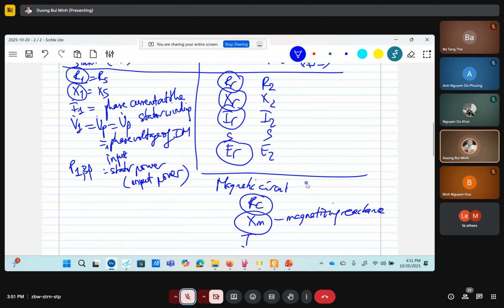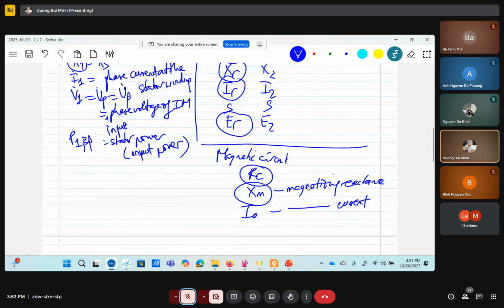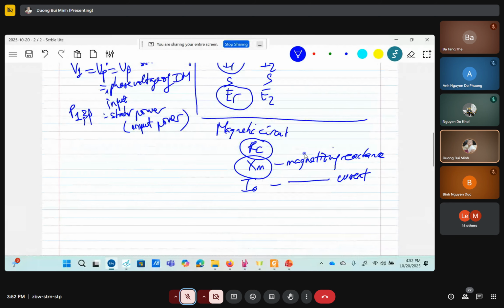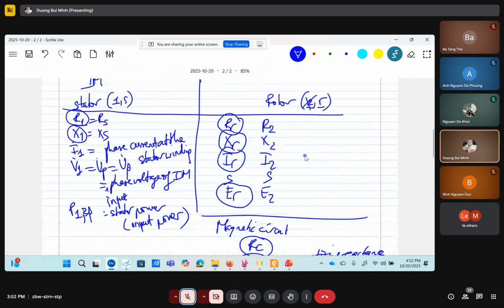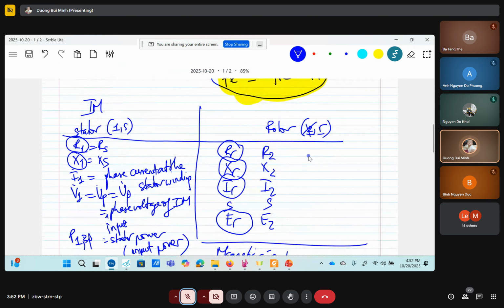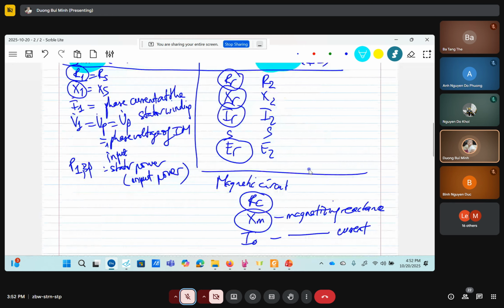We have I0, the magnetizing current. So this is the list of important parameters for the stator winding, rotor winding and magnetic circuit.